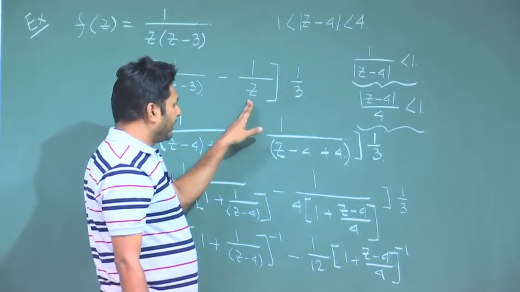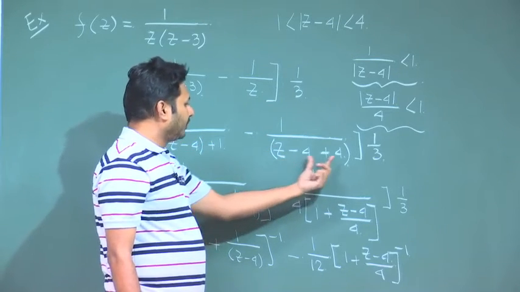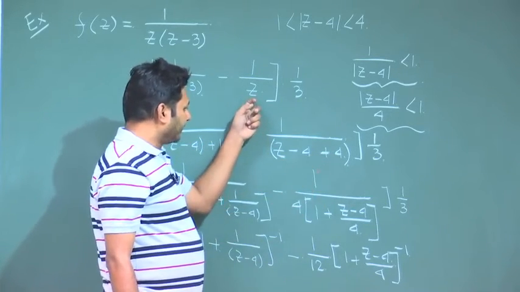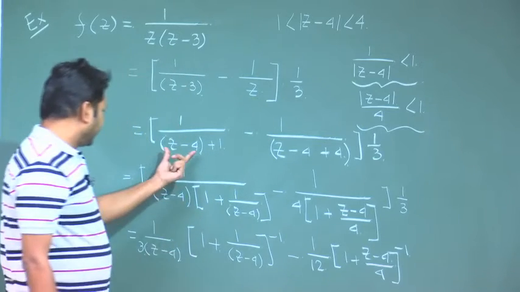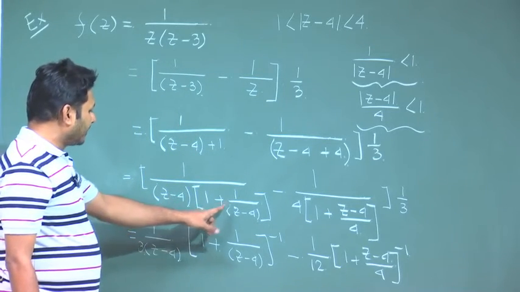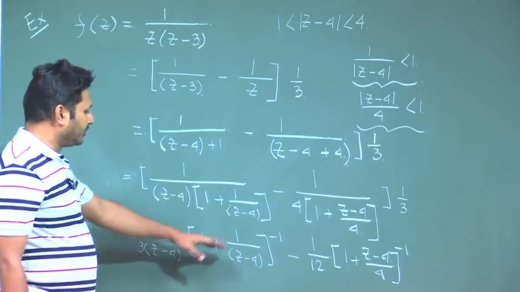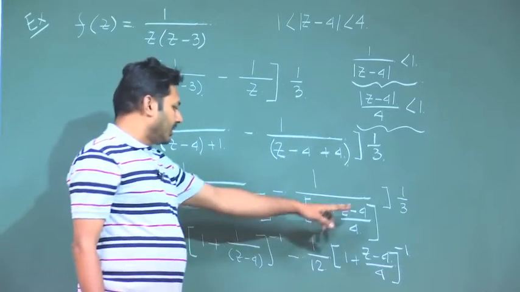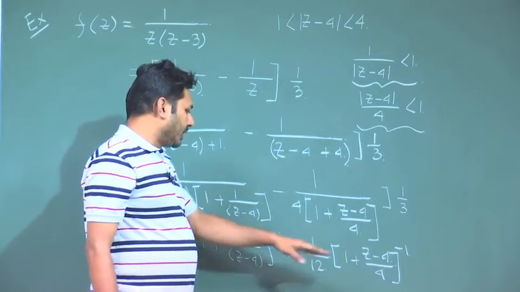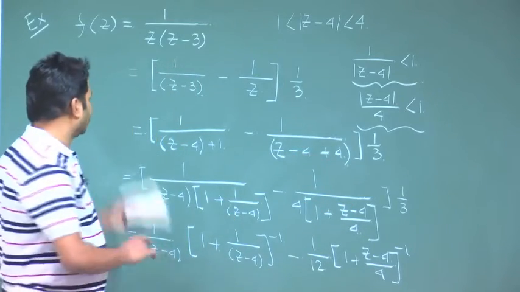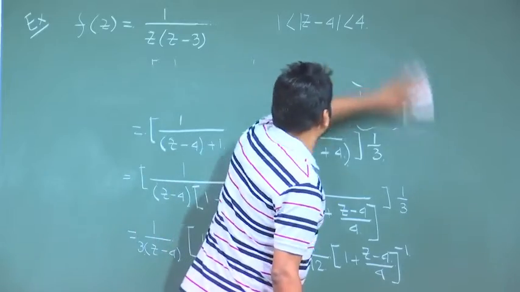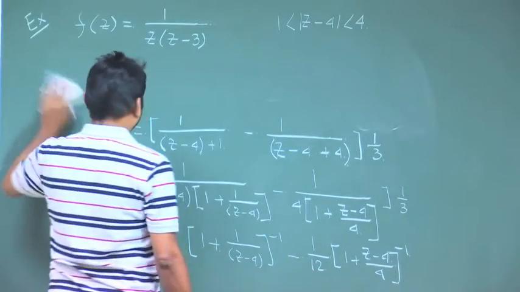In order to have z minus 4, I take z minus 4 plus 4, so that the final term is z. Now, I take z minus 4 common out of here, then 1 plus 1 by z minus 4 here, and I take it to the power minus 1, and here also it goes upstairs, and I have this. So, now if I expand, let me erase this.